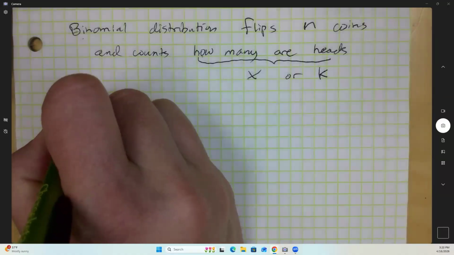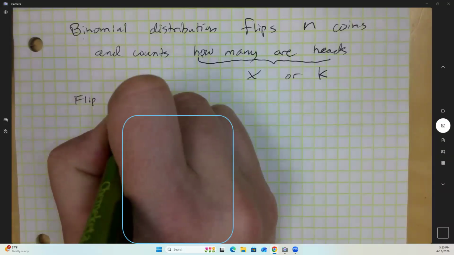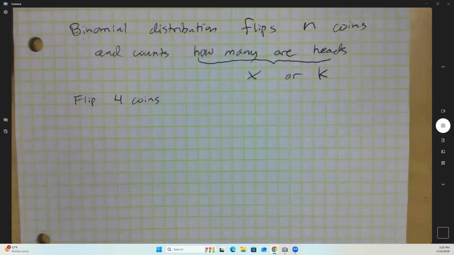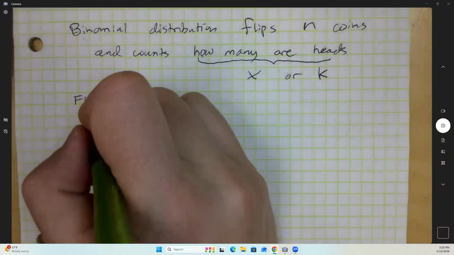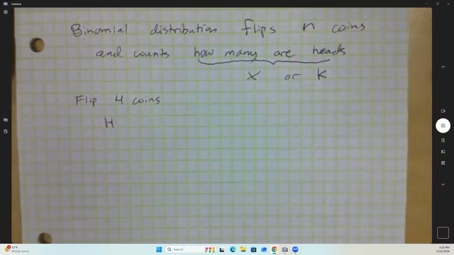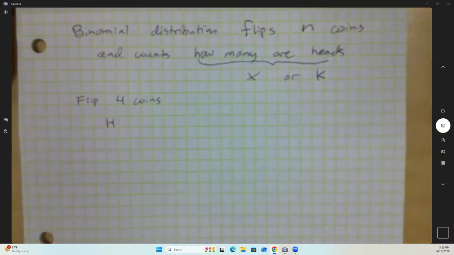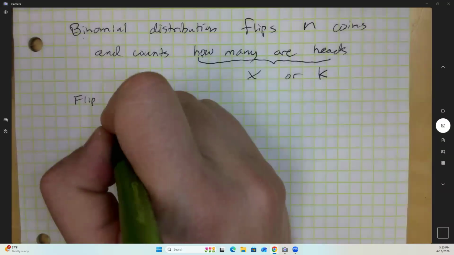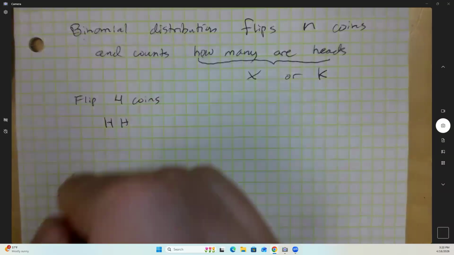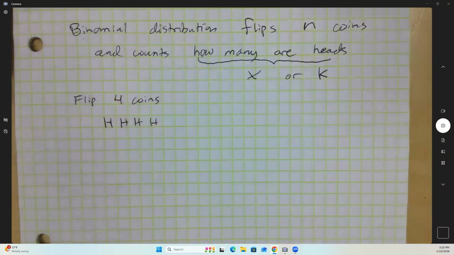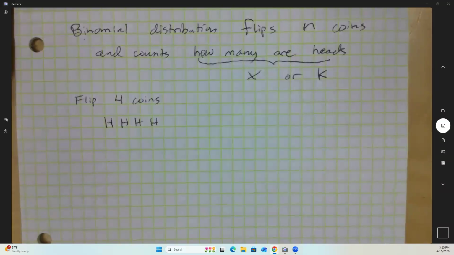Let's suppose I'm going to flip 4 coins. The first coin could be heads or tails. Suppose it's heads. The second coin could be heads or tails. Suppose that's also heads. And so is the third, and so is the fourth. That's a possible outcome.